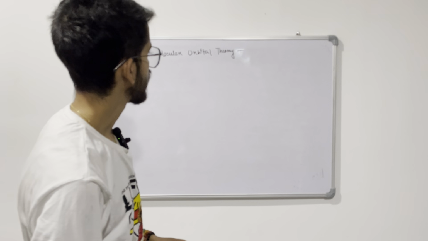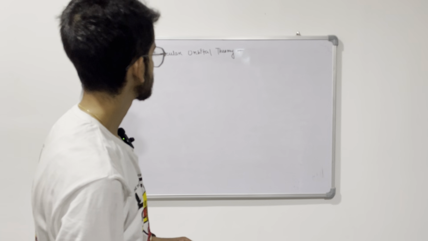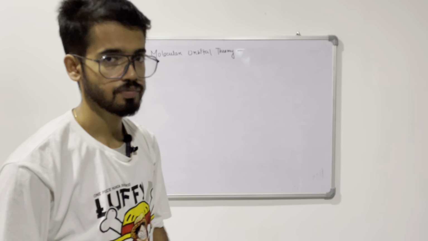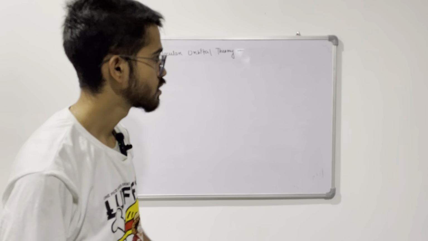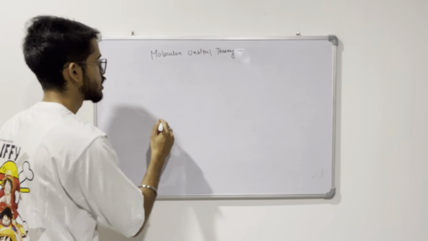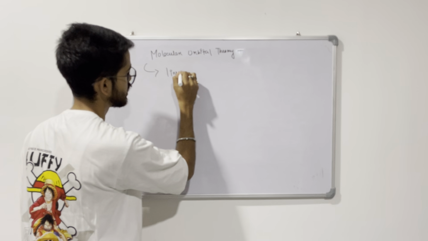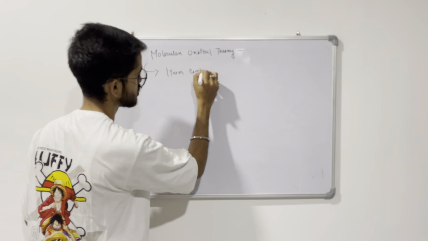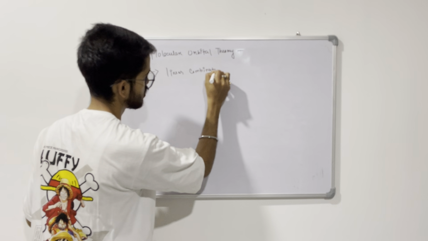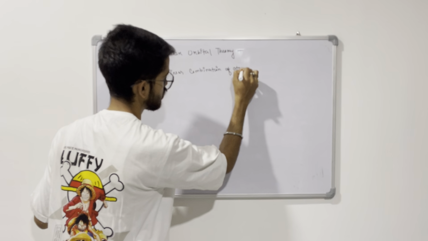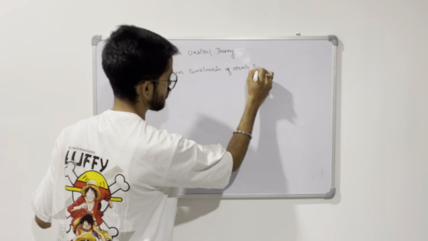So the basic question is, what is the difference between molecular orbital theory and hybridization? Molecular orbital theory is mainly the linear combination of atomic orbitals.